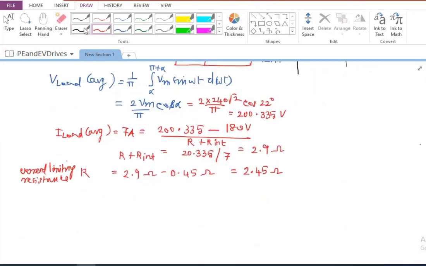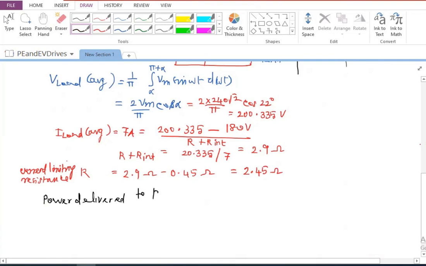So power delivered to the battery is whatever is the voltage of the battery multiplied by current taken in by the battery.